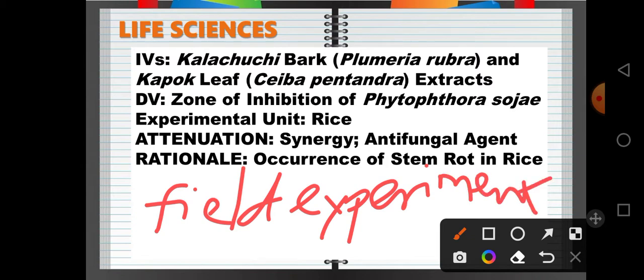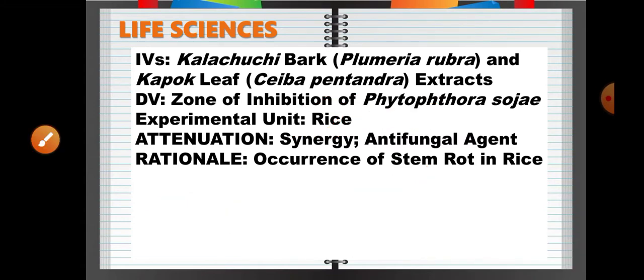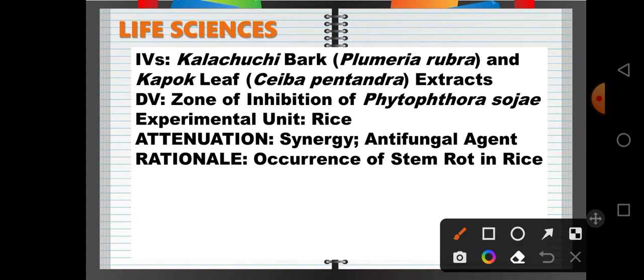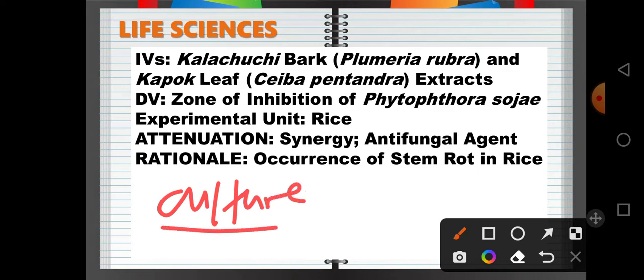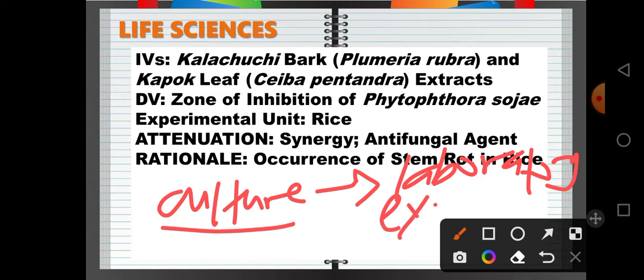However, class, if our experimental unit here is Phytophthora sojae, having Phytophthora sojae as our experimental unit will require us to culture such bacteria. And the culturation of such bacteria will lead you to a laboratory experiment rather than a field experiment. Okay? So that's the difference.